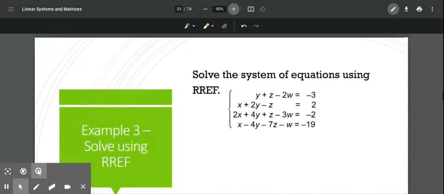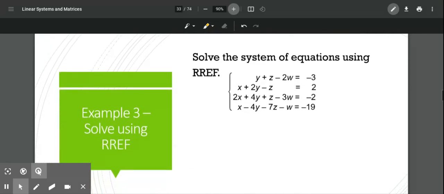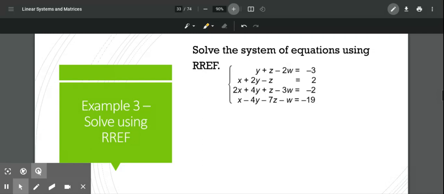So here, if we want to solve the system of equations using reduced row echelon form, the first thing we need to do is write our augmented matrix. So in our first equation, we have 0x, 1y, 1z, and negative 2w, and it equals negative 3.